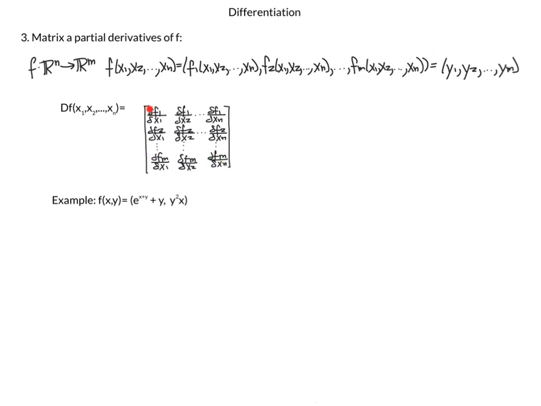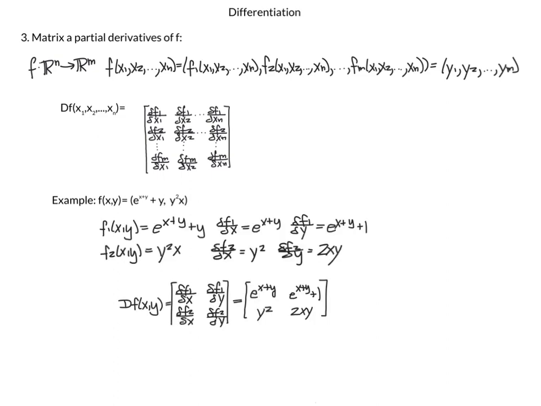And so it's df1 with respect to the first variable, df1 with respect to the second variable, up to df1 with respect to the nth variable, df2 with respect to the first, df2 with respect to the second variable, df2 with respect to the nth, until you get down to dfm with respect to the first variable, dfm with respect to the second variable, up to dfm with respect to the nth variable.